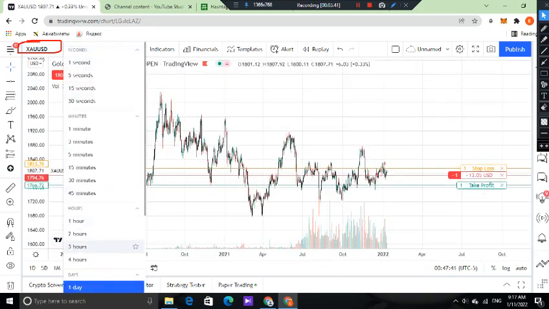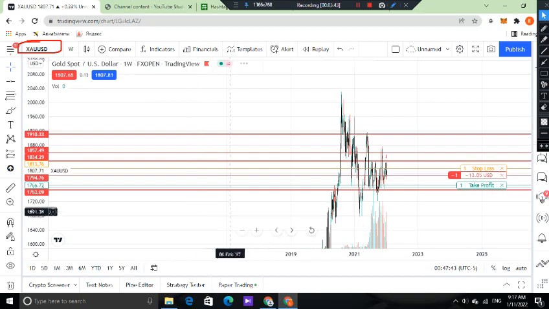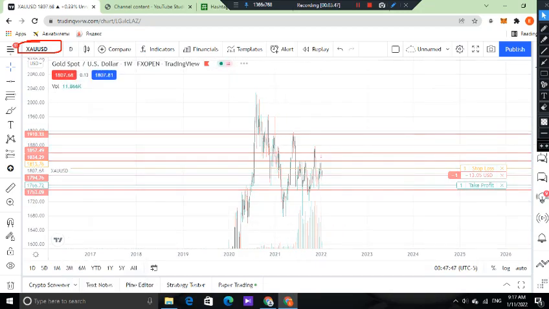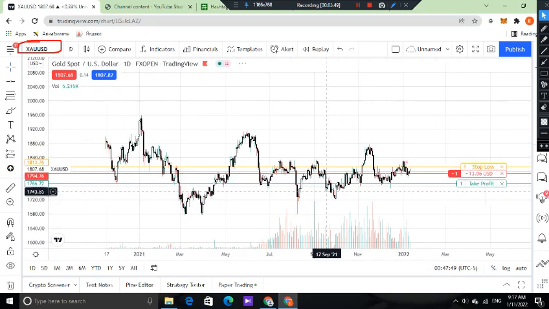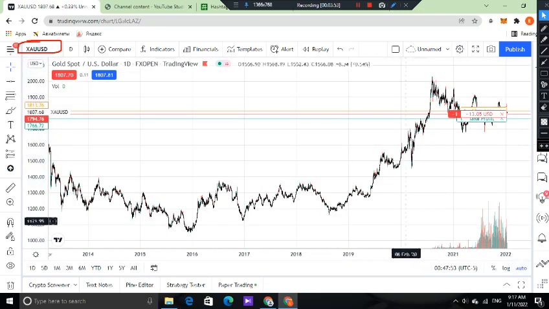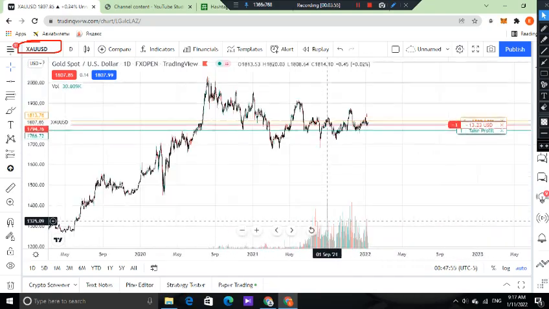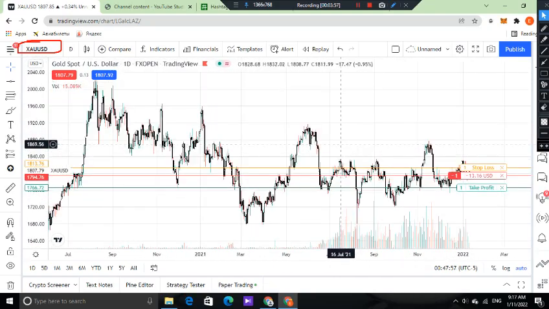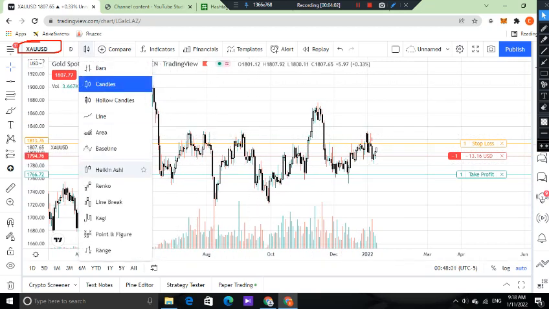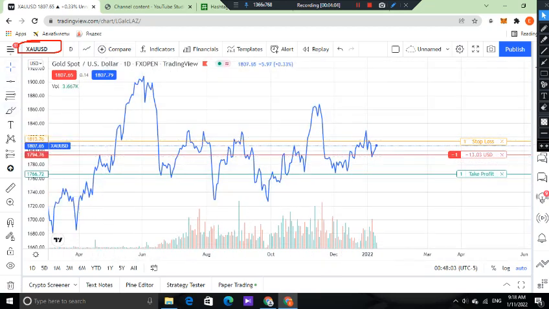Okay, what happened to my lines here? Yeah, you can see it very well here. Okay, I want to draw them again.